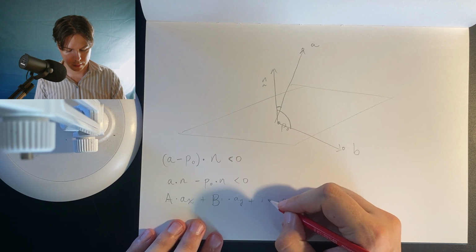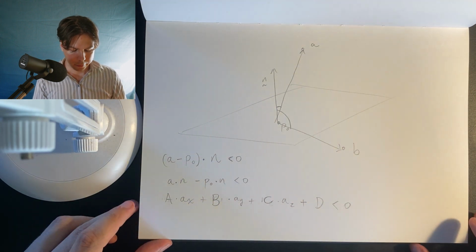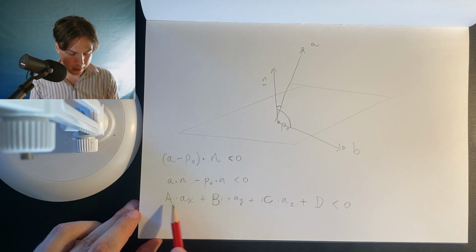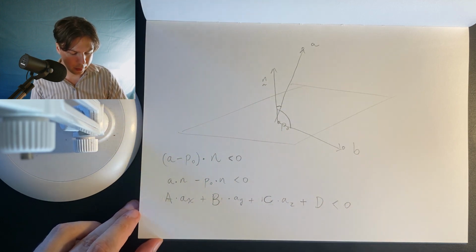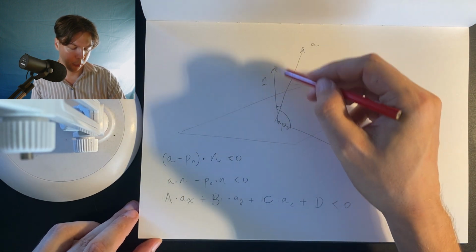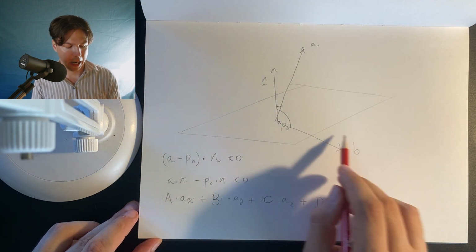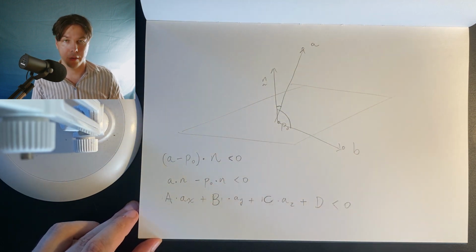So there we have it. This is actually very similar to the plane equation. So we plug this in, and if this quantity is less than 0, then the angle between the normal and direction is bigger than 90 degrees, and that point is sitting behind the plane, just like the point B is right now.